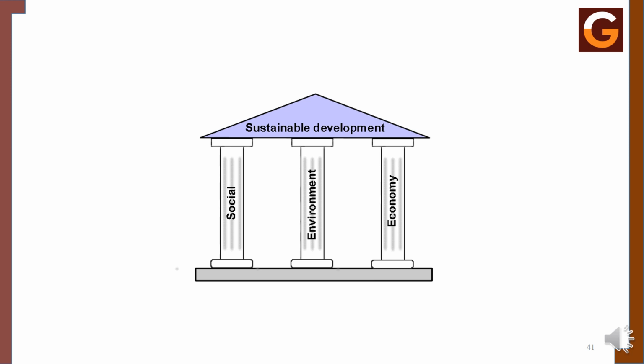Next, when we talk about economic sustainability, it aims to maintain the capital intact. That means if social sustainability focuses on improving the social quality, economic sustainability aims to improve the standard of living.